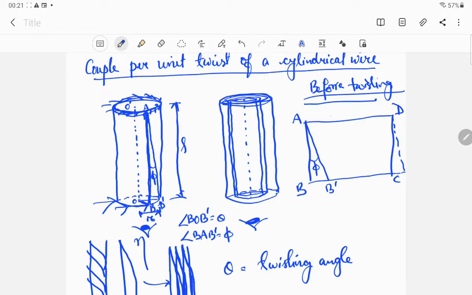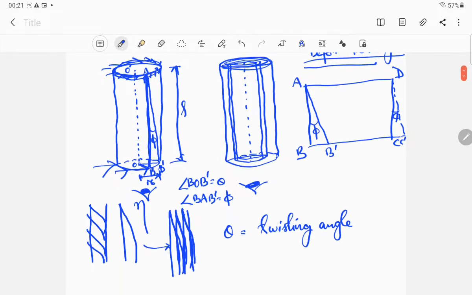After twisting, it shifts to AB dash, and this shifts to AC dash, by an angle phi. So it is not a perfect rectangle now; it has got twisted and become a parallelogram AB dash C dash D.